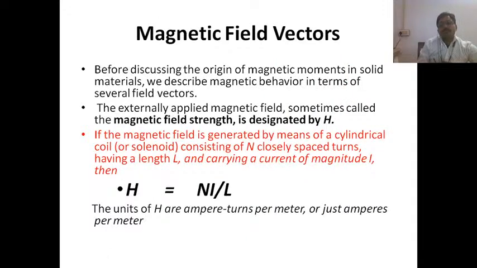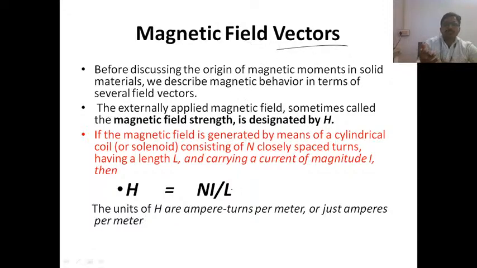Before describing the origin of the magnetic moments in solid materials, we need to know certain parameters, or you can say certain magnetic field vectors.